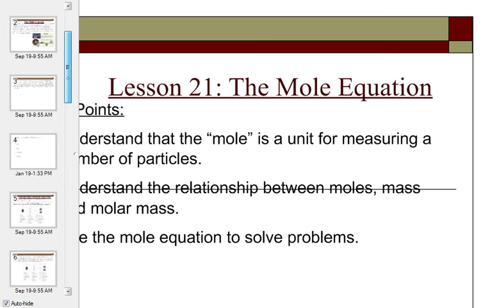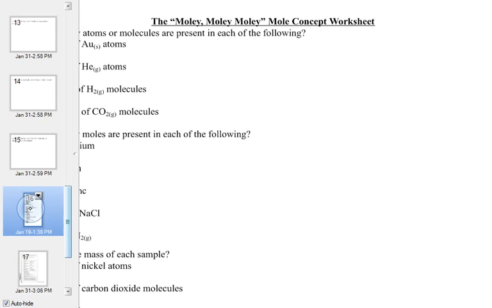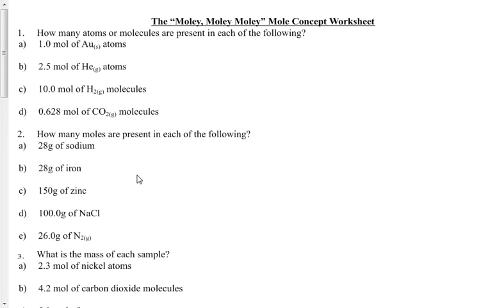So if we're looking at that first page of the worksheet here, it asked us how many atoms or molecules are present in each of the following. How many of anything in 1 mole? Right, Avogadro's number. It doesn't matter if it's gold, hydrogen, it doesn't matter. It's 6.02 times 10 to the 23.